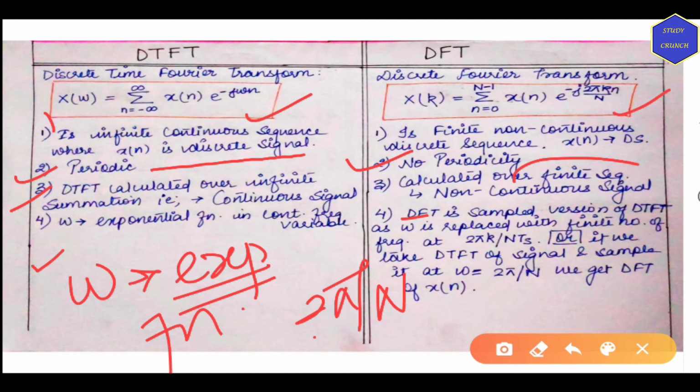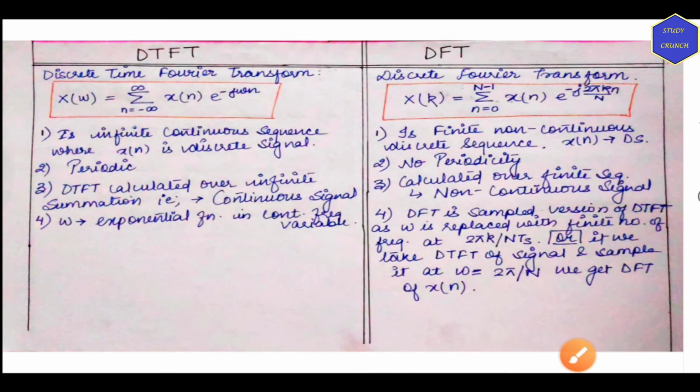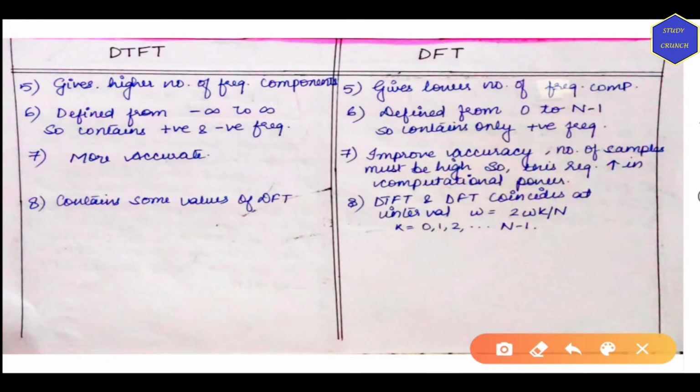So when we replaced this term with 2 pi by n, it automatically gave us the finite sequence. Now DTFT gives a higher number of frequency components because it is continuous, so it can give n numbers of frequency components, whereas DFT will be limited to a number.